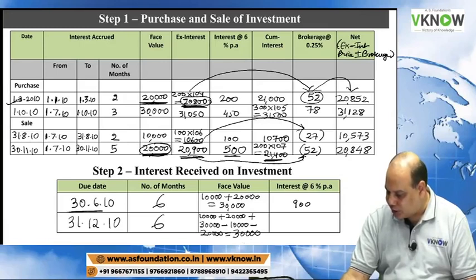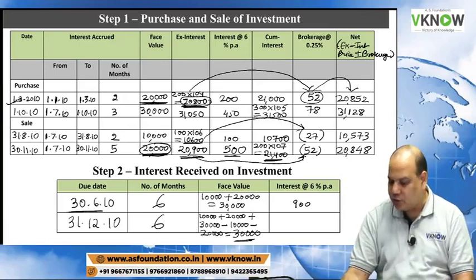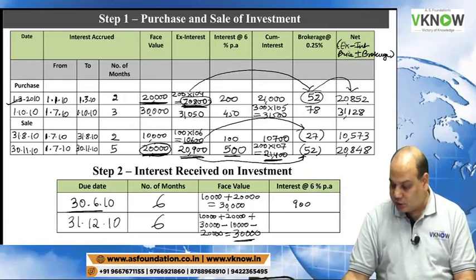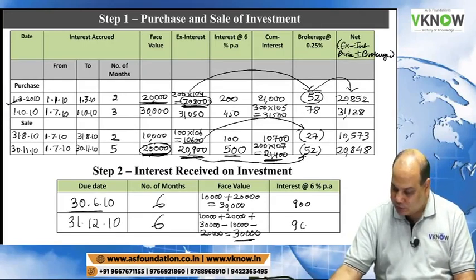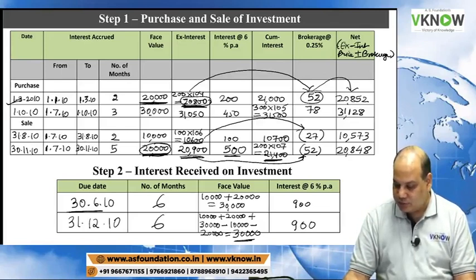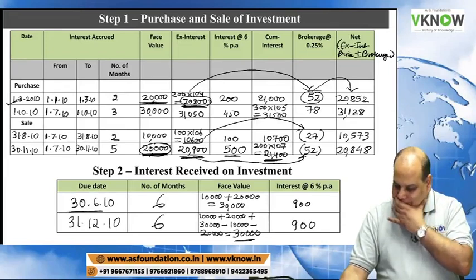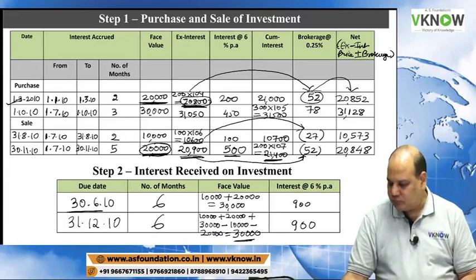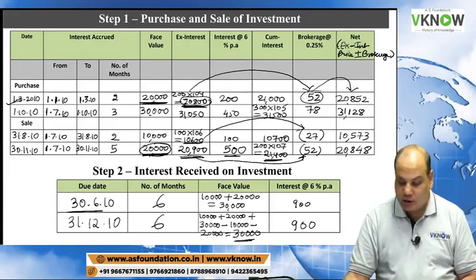So at the end of the year we have investment of 30,000 rupees. 30,000 into 6% into 6 by 12, again 900. Is the answer right? 900, 900?